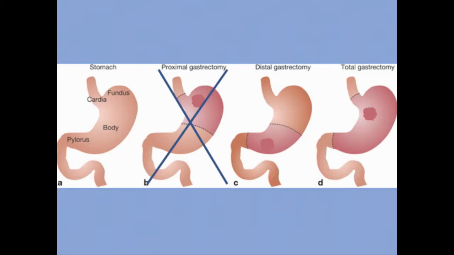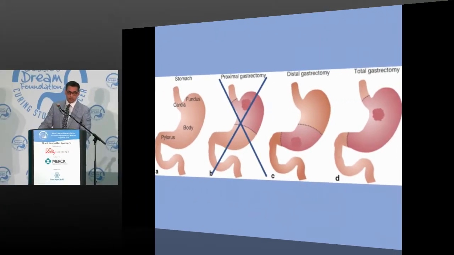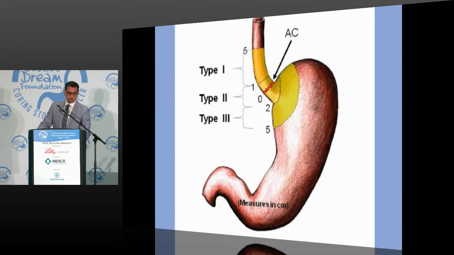And so what you're left with is a piece of stomach that doesn't really work very well. And in addition to that, people get very bad reflux when you hook up the bottom part of the stomach to the esophagus. And so for that reason, I don't do this type of operation, and most people don't either.